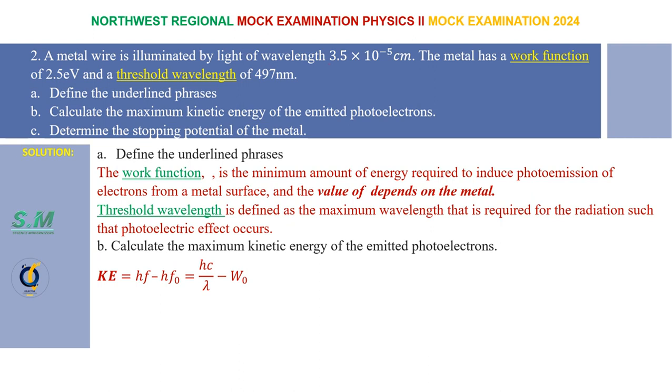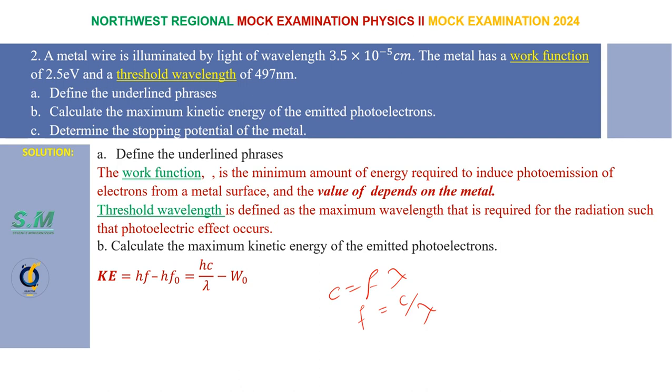The wavelength of the incident radiation was 3.5 times 10 to the negative 5 centimeters. Then we can change to frequency, f equals c on lambda, since we know that speed is equal to f lambda.